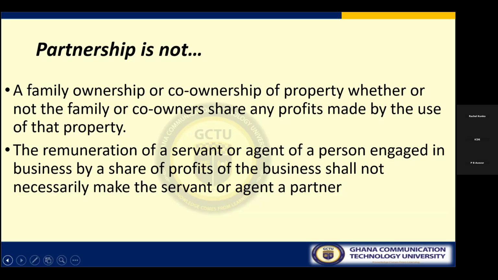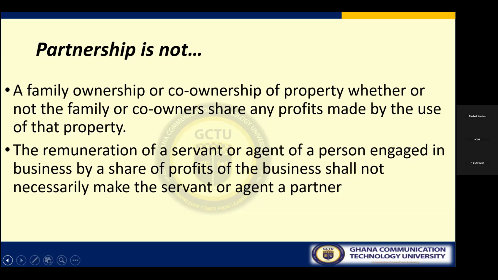Now, this particular arrangement does not make the siblings partners of the business. They are not into any partnership. It is just a family property that has been assigned to them in terms of percentages. So they cannot claim to be operating a partnership business.